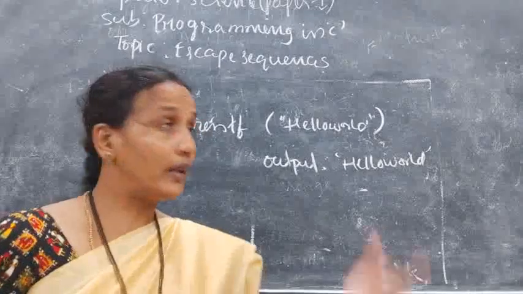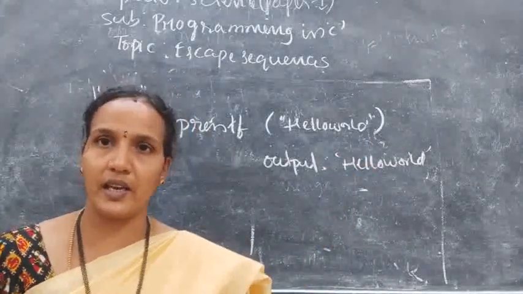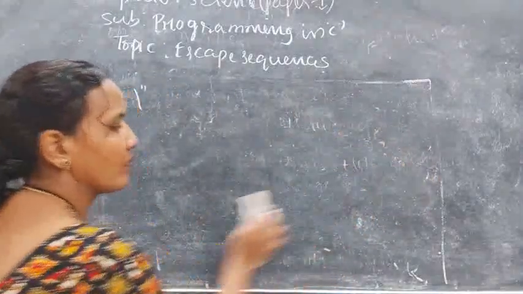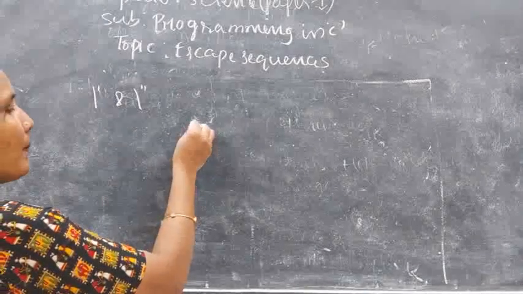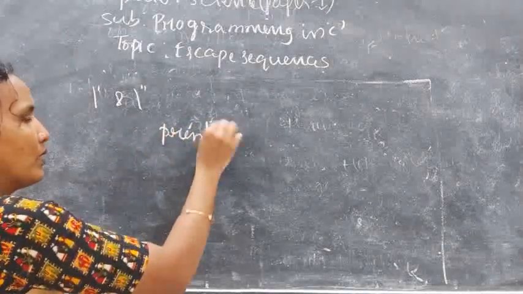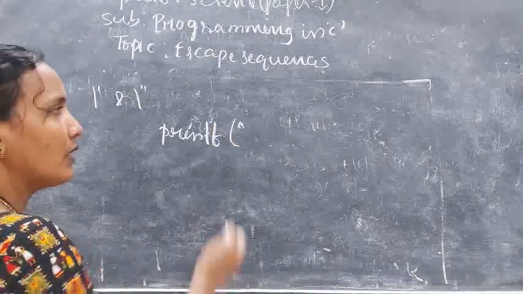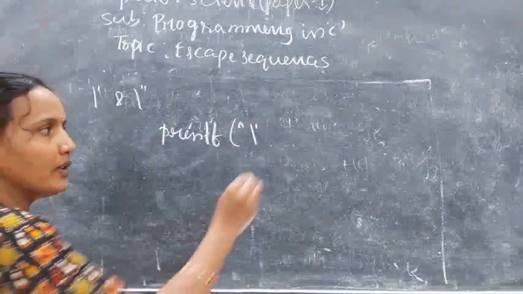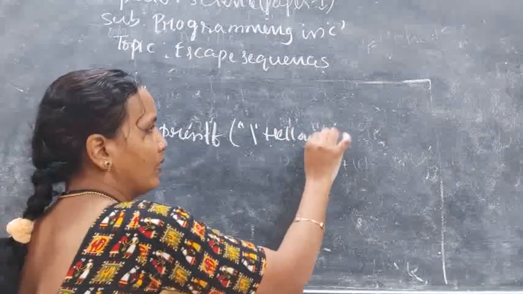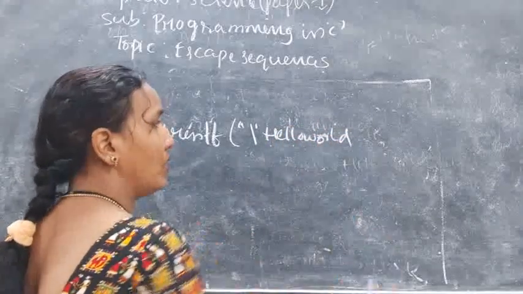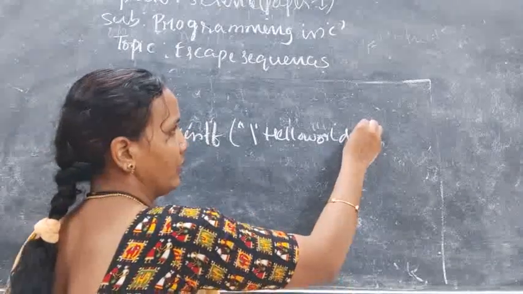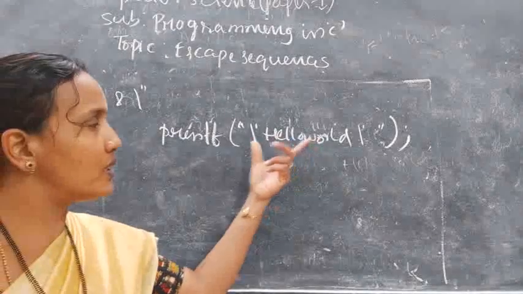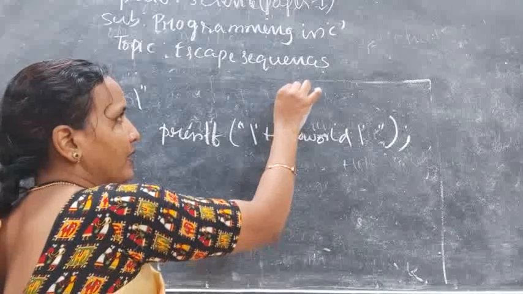I want to add single quotes. Then how will you give it? Only the output statement will change. Printf, you give the backslash character, single quote, hello world, next I am giving backslash single quote, and close the double quotes. So if you want single quotes around the text like this, hello world.